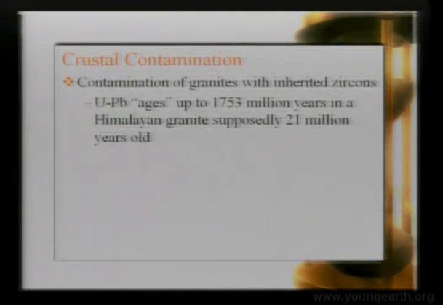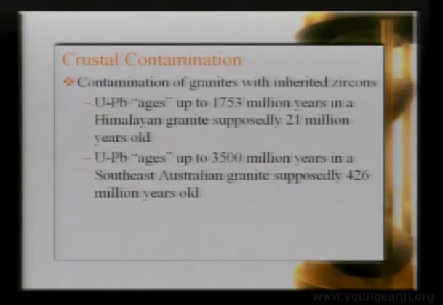And so if you've got zircons in the original sediment, they won't melt, and often the radioactive clock will not be reset. And so what you've got is a Himalayan granite that's supposed to be 21 million years old. It gives uranium-lead ages of up to 753 million years because of having inherited these zircons from other sources.